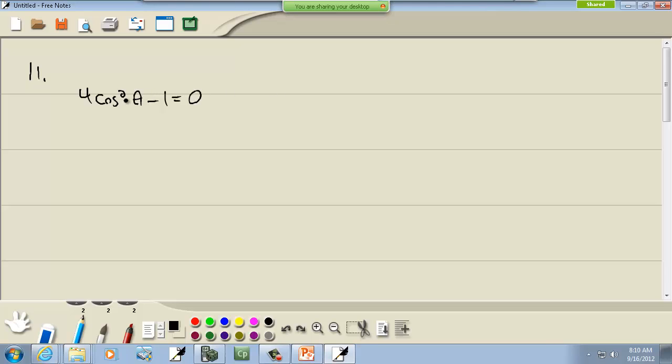So you see here, well, you may not see it, but we have two items, and it's something we can write as something squared minus something else squared. If I were to put a variable there instead of the trig function, like instead of cosine, let me put p in there. We got 4p squared minus 1 equal to 0. This is the difference of two squares.